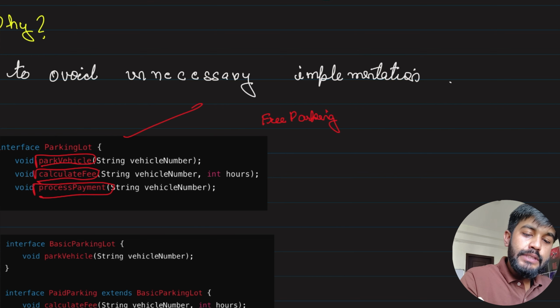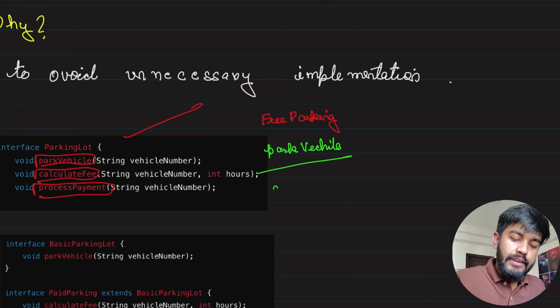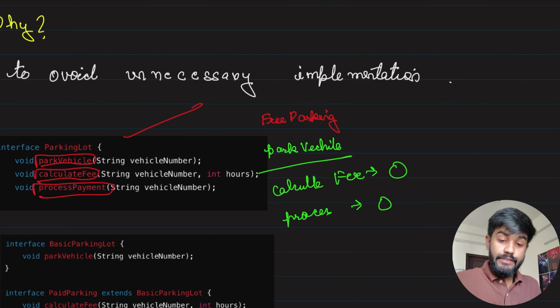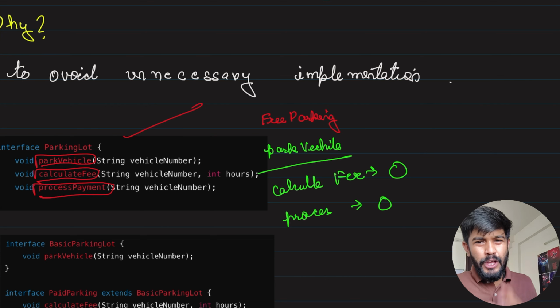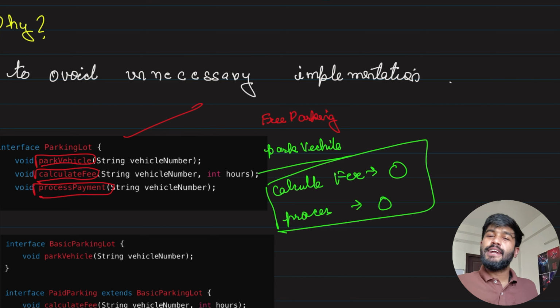Now the free parking lot would have park vehicle, but calculate fee we can make return 0, and process payment we can do nothing because it is a free parking lot. If you observe, these two are unnecessary implementations we are doing for the free parking lot.